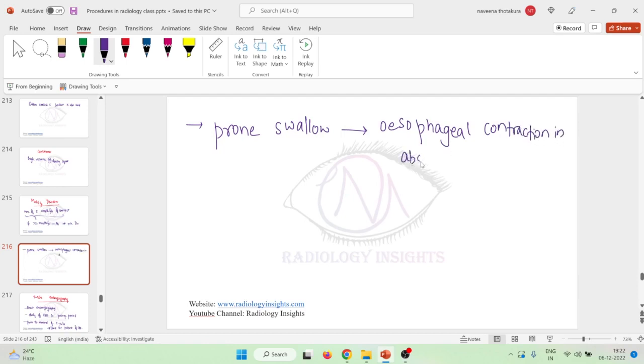The patient lies in prone position and then swallows, so you can find out whether there is esophageal contraction without gravity.